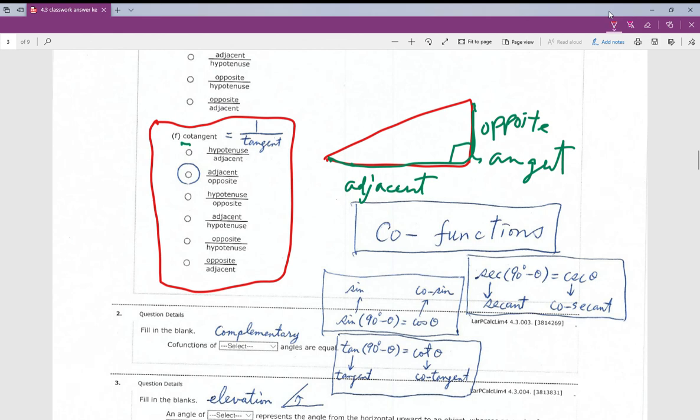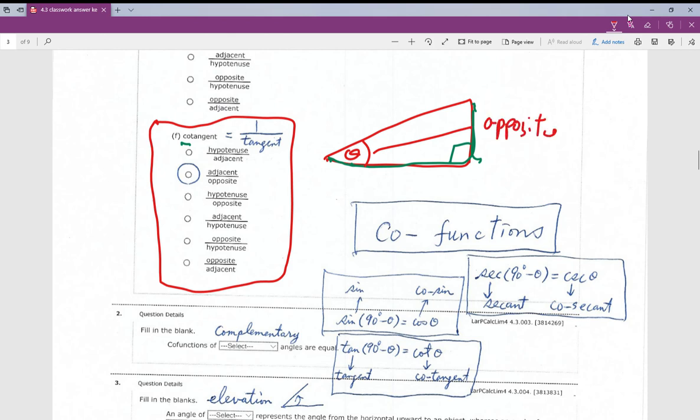So one more time, if I use the reference angle here, then this will be opposite, and this will be adjacent.